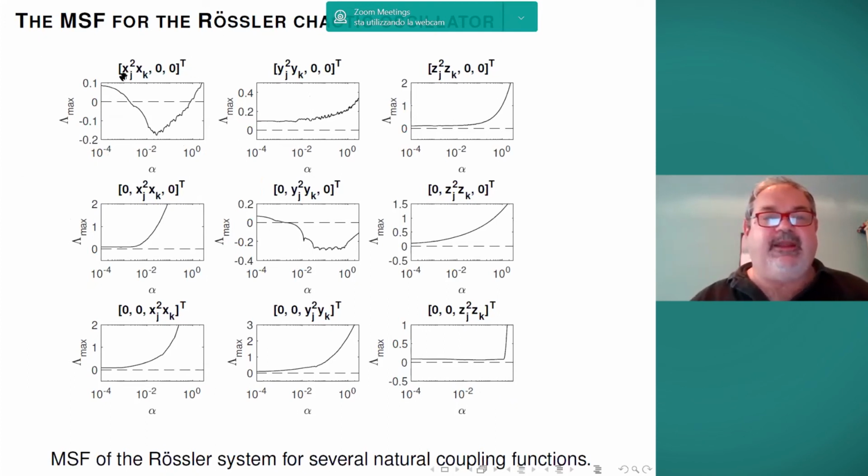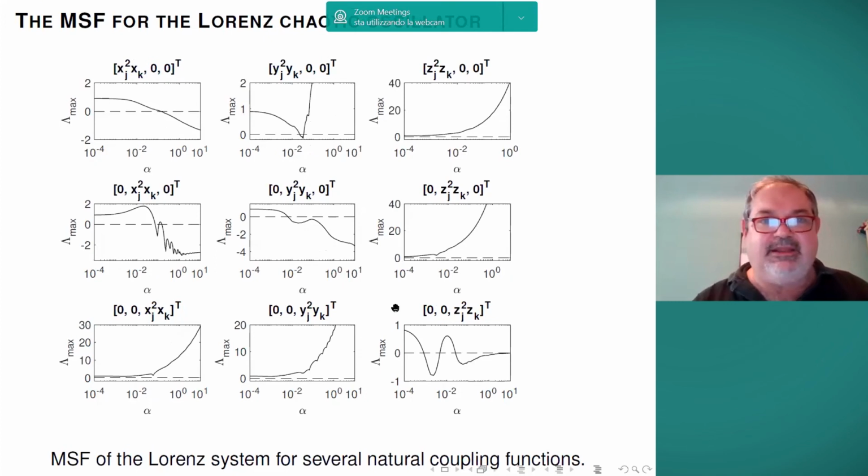You see here is the Rössler system coupled through the first variable with xj square xk, or with yj square yk, or with zj square zk. Here it is coupled with the second variable, here in the third variable, and the function f is the same, but there are different functions h. You have all possible master stability functions here, and in Lorentz the same.